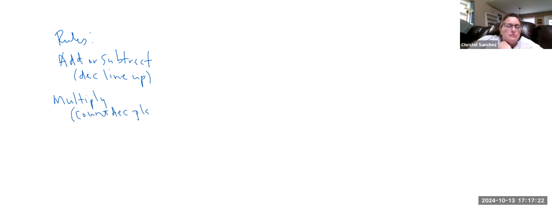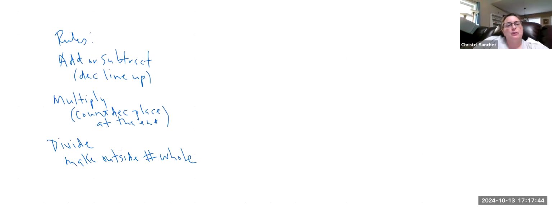And this is going to make more sense when we do the problems. And then for division, you got to make the outside number whole. Okay. All right. If you don't know these rules, then you're not going to be able to get the right answer. Okay. So make sure you understand these rules as we go along.